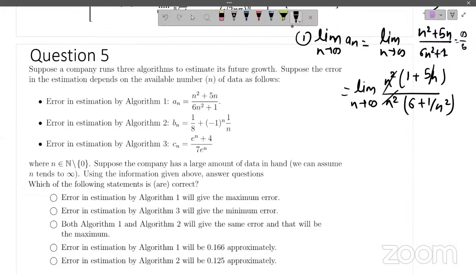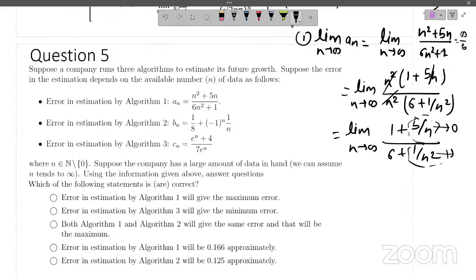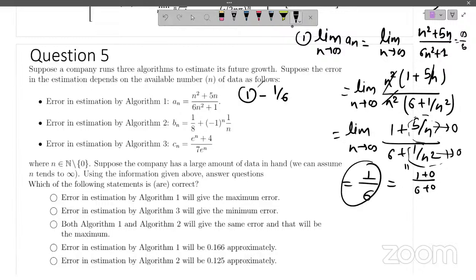Now n square and n square cancel out. It becomes the limit as n goes to infinity of (1 plus 5 by n) upon (6 plus 1 by n square). These terms go to 0 as n goes to infinity, so the answer is (1 plus 0) by (6 plus 0), which is 1 by 6. This is the error estimation for the first algorithm. Now similarly proceed for the second algorithm.